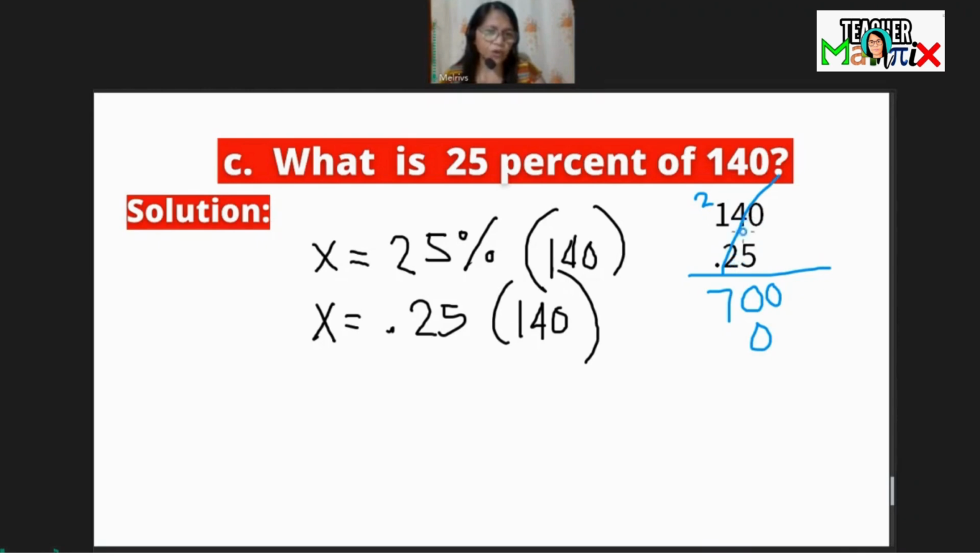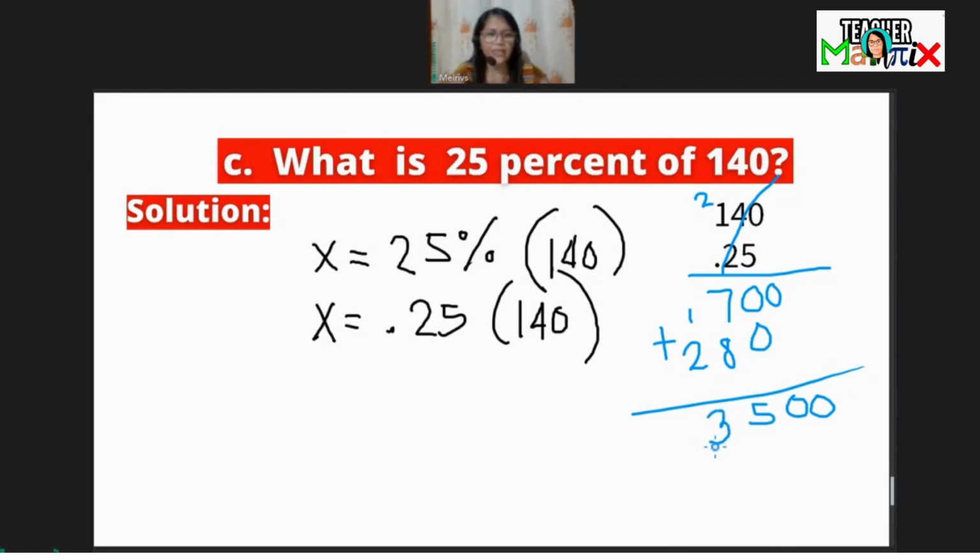Then 2 times 4 is 8. Then 2 times 1 is 2. Let's add them. Bring the 0, and then 0 plus 0 is 0. And then 7 plus 8 is 15. Bring down 5. Carry 1. 1 plus 2 is 3.